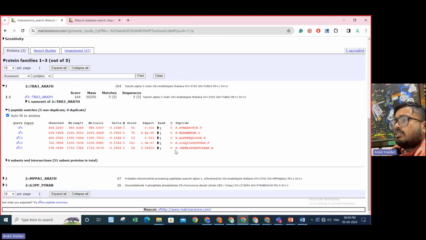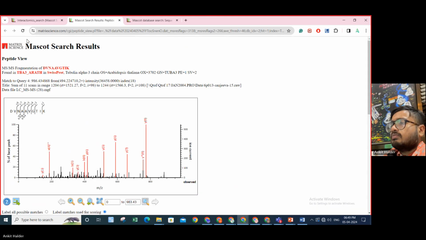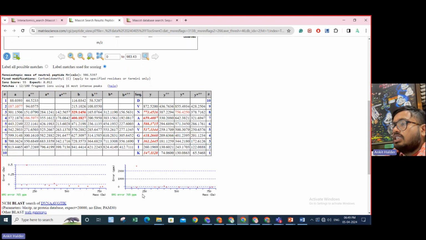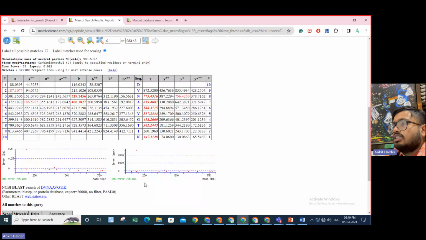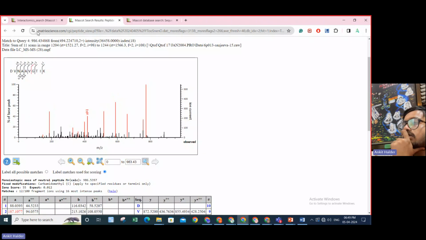So these are the peptides. These are the fragments, the y ions and the b ions. Can you visualize it, right? D, V, N, A, B, G, T, I, K. So these many y ions and these many b ions have been identified. b1 ions are very difficult to get, but b2 ions one can easily get.